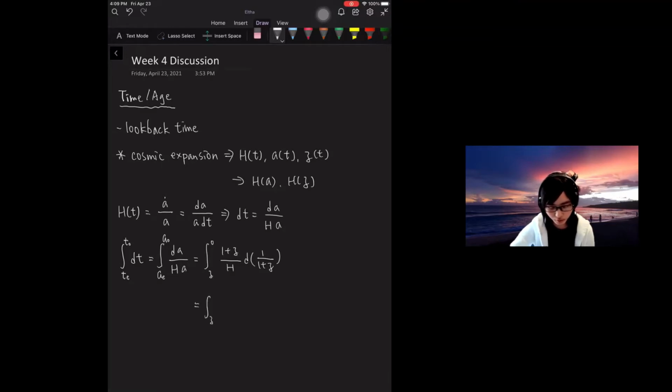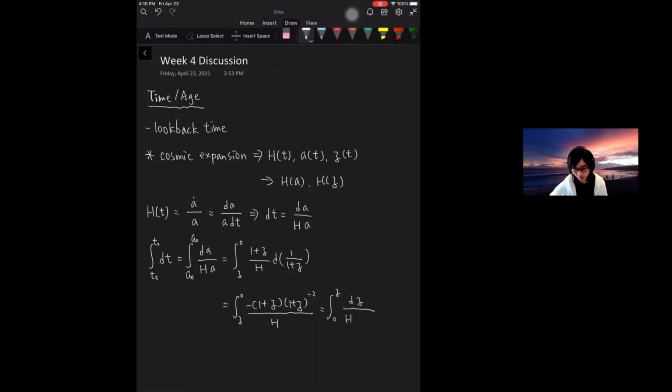So this whole integral becomes negative (1 plus z) times (1 plus z) to the minus 2 over H. Since there's a negative sign in front, we can switch the upper and lower limits of the integral to from 0 to z, and that reduces to dz over H multiplied by 1 plus z.